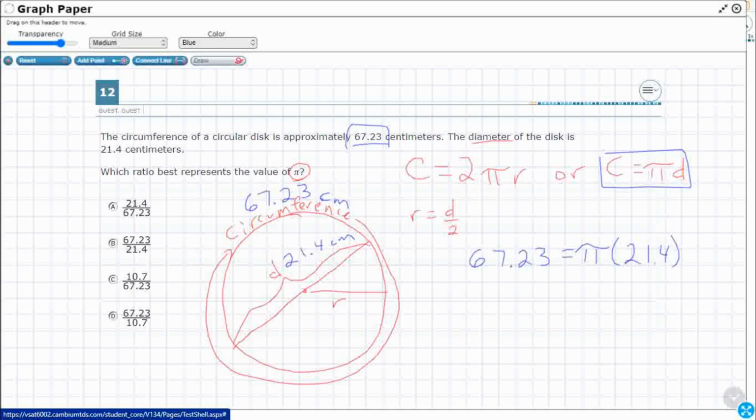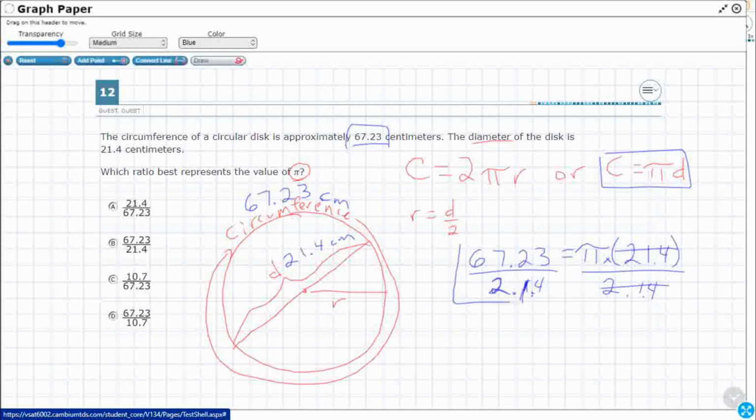Well, look, pi is held by multiplication, so inverse operation, divide both sides by 21.4. And if you divide both sides by 21.4, that cancels itself off on the right, and you get 67.23 divided by 21.4.